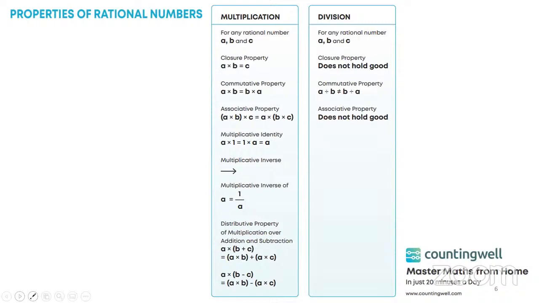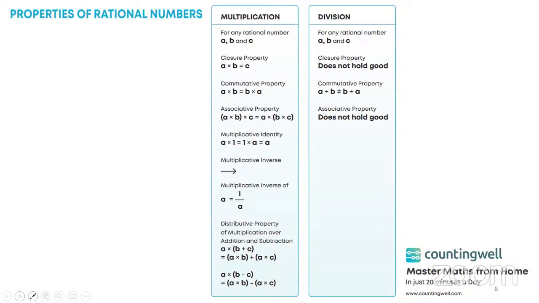Let us see whether these properties hold true for division. The closure property does not hold good for division of rational numbers. So division of two rational numbers cannot be a rational number always. Similarly, for commutative property, the order is important while dividing the rational numbers.